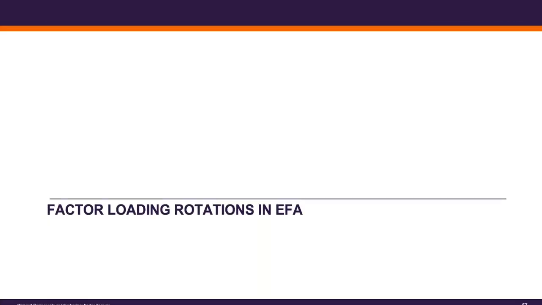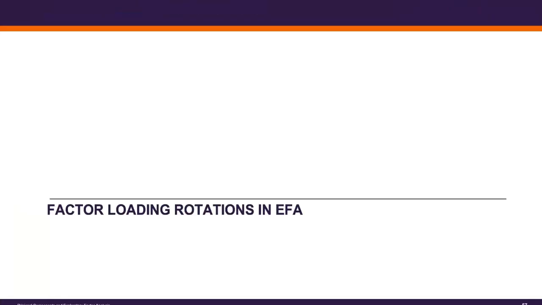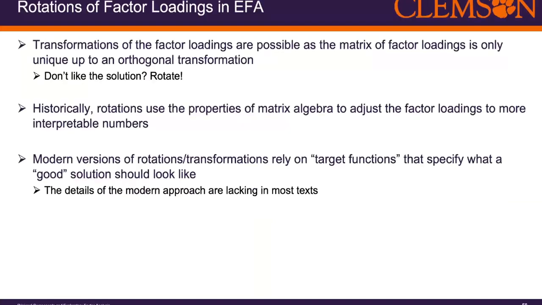So what ends up happening is this may be the initial solution of loadings, but it turns out we can rotate these loadings. We can do a mathematical transformation that should maintain the fit properties, but provide better interpretation. The transformations to factor loadings are possible because the matrix of factor loadings is only unique up to this orthogonal rotation transformation. So if you don't like what you just saw, you can't explain it, rotate it.